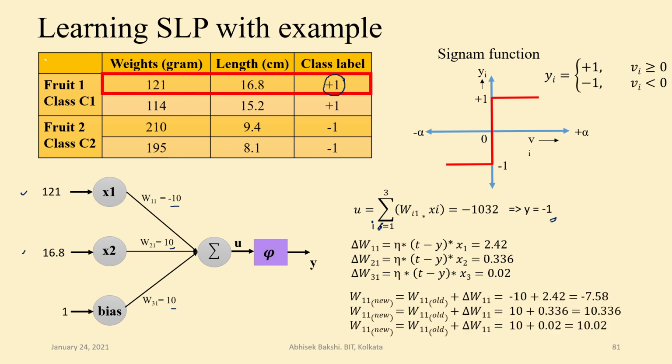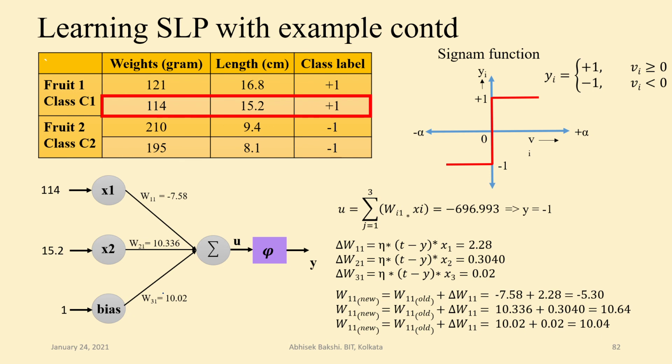So naturally this del w1j will be added to -10, and this correction will be added to 10, and so on. These correction values are added to the previous w to get the next w. So W11, W21 and W31 get modified: from -10 it becomes -7.58, from 10 it becomes 10.336, and so on.